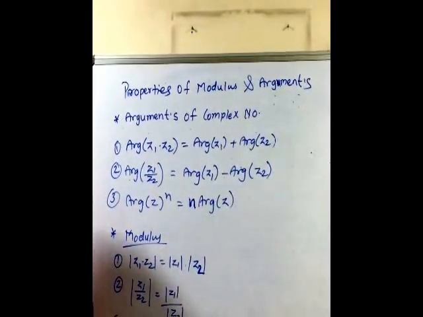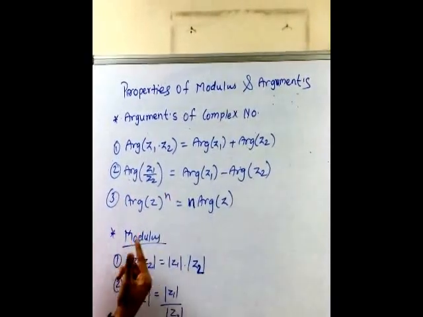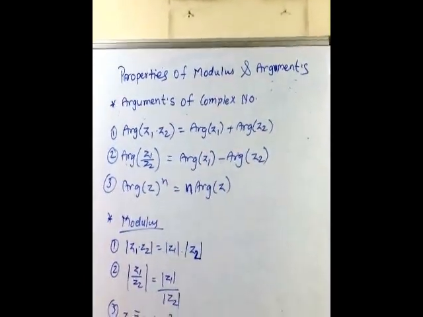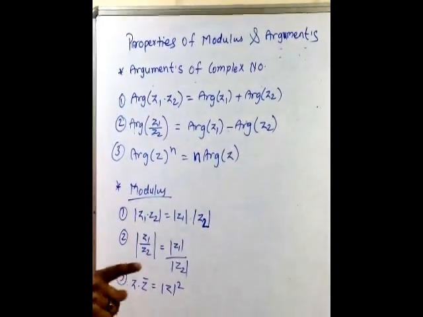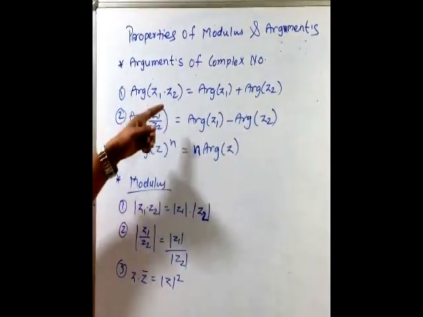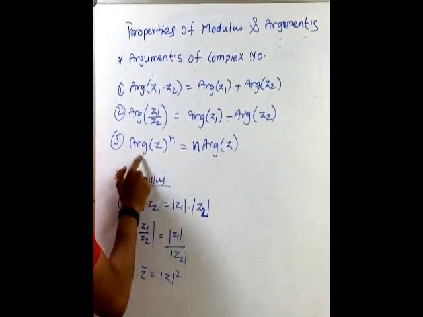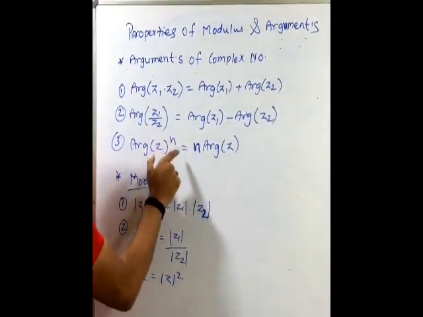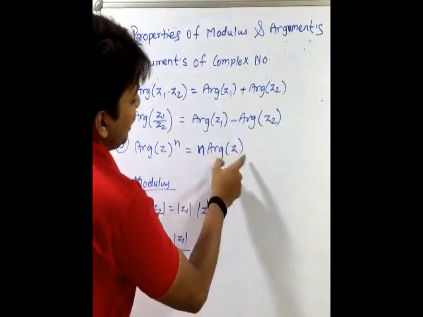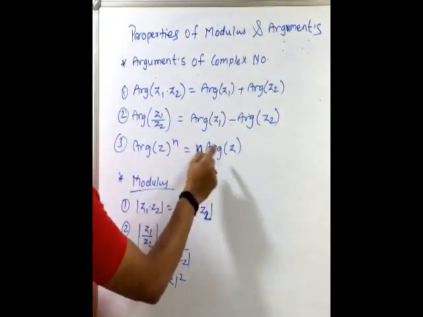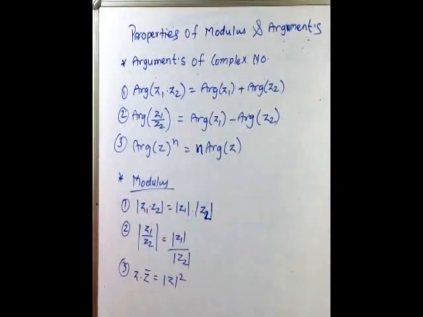It means that we have the same complex number two times. Suppose z is equal to 3 plus 2i, z1 and z2 will be the same, so the argument of z raised to n, that is 2, so 2 will come in front, and it will get multiplied by the argument of z, that is 2 times theta, right?